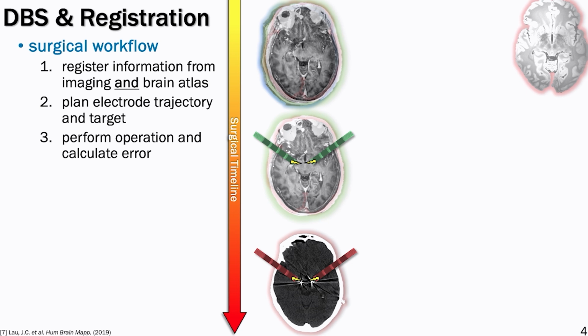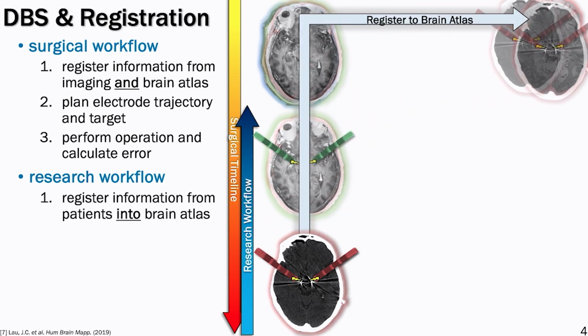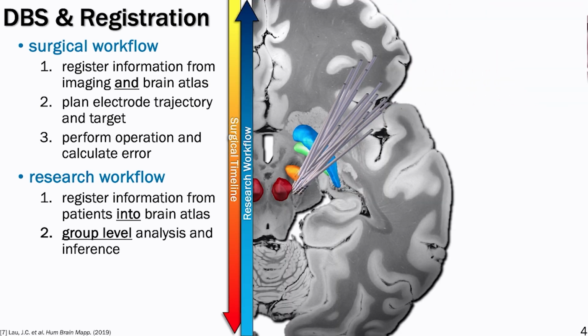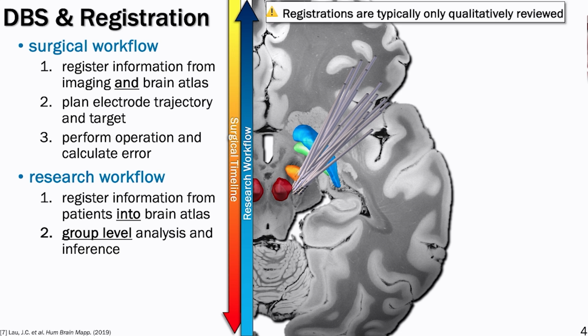But the neuroimaging researcher is interested in pooling this and studying this as a group or in a population. And so we employ a nonlinear registration to a brain atlas. The output of that would look something like this, where you'd have, in this case, 25 electrodes from 25 different patients visualized in a common space, targeting a structure like the STN or the subthalamic nucleus shown here in orange.